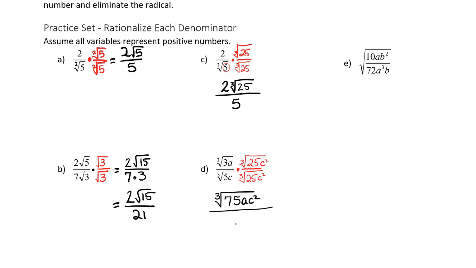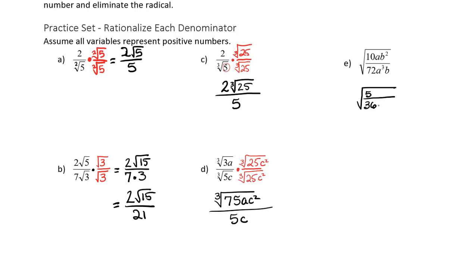Lastly, we have the square root of 10ab squared over 72a cubed b. Let's simplify this first. We have 10 over 72. This would reduce to 5 over 36.